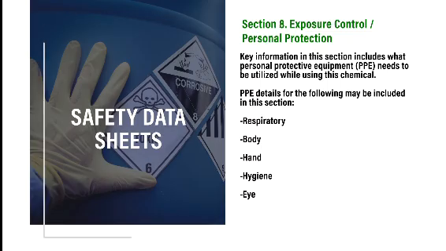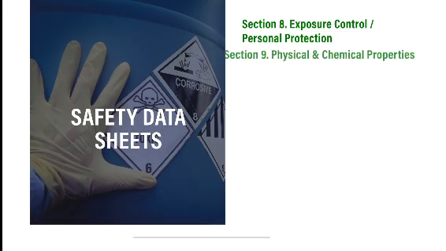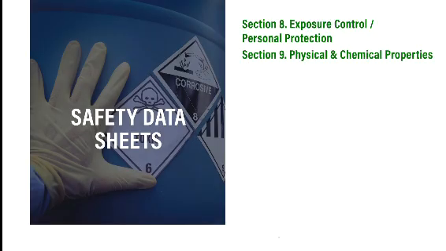PPE details for the following may be included in this section of the safety data sheet: respiratory, body, hand, hygiene, eye. Section 9 of the safety data sheet contains information regarding physical and chemical properties.